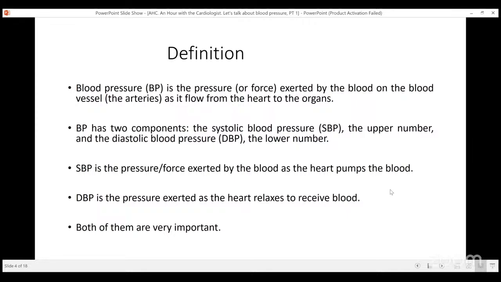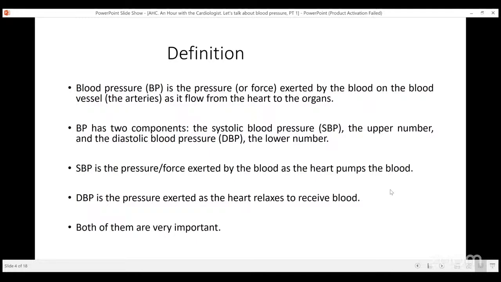The force is still on so that it can reach the organs, its destination. While the heart is at rest, receiving blood from the veins, if we remember our biology, arteries take blood away from the heart, while veins bring blood to the heart from other parts of the body.